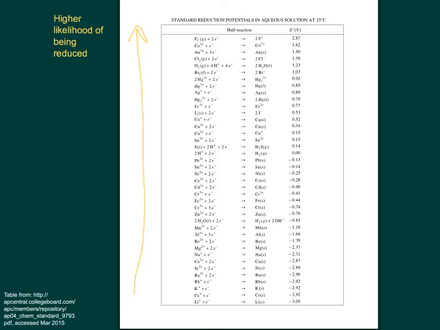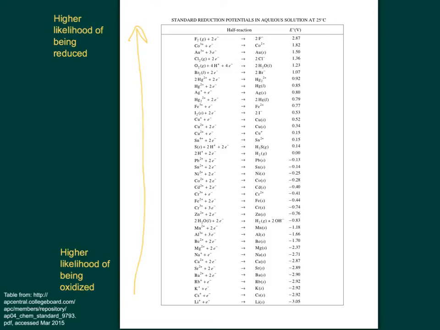Alright, what that means is if you look down at the bottom of the table, there is a higher likelihood of being, in this case, oxidized. Right, because if you're more likely to be reduced on the top, the ones at the bottom are more likely to be oxidized.